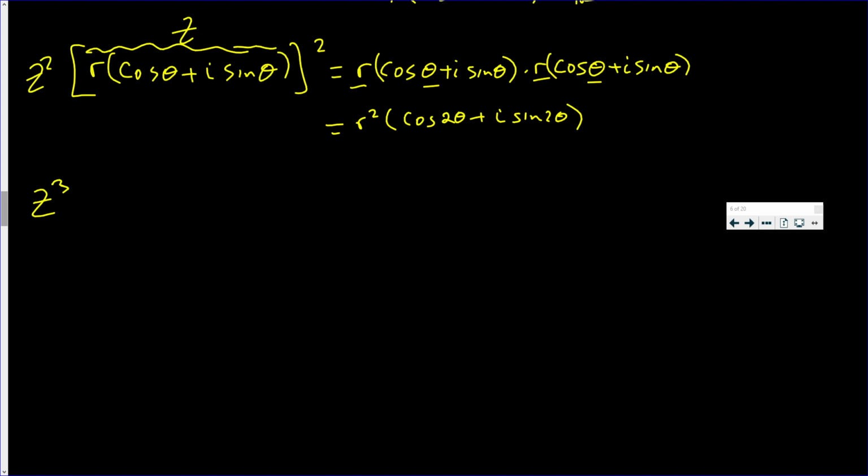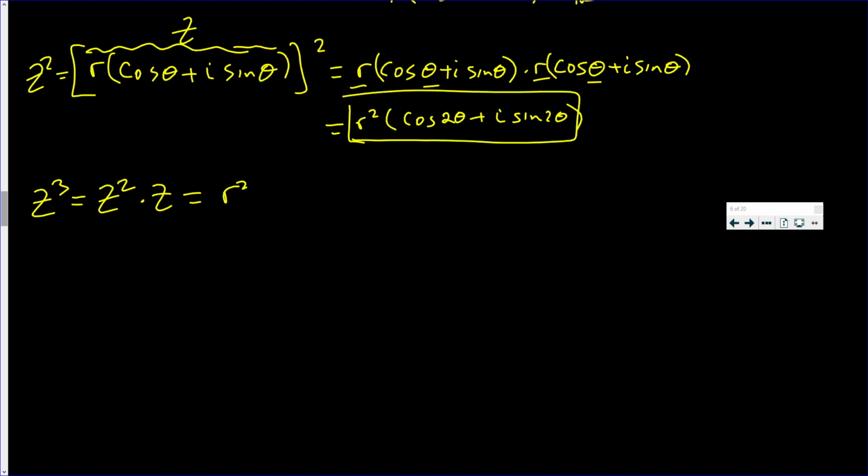Well, z cubed will be z squared times z. z squared we just calculated is r squared times cosine 2 theta plus I times the sine of 2 theta, times z, which is cosine theta plus I times the sine of theta.